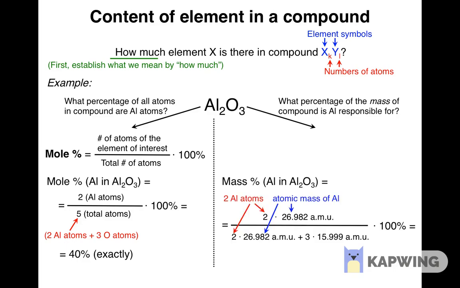The simplest unit of aluminum oxide consists of 2 aluminum atoms and 3 oxygen atoms. The total mass of this unit, in other words, the molecular mass of aluminum oxide, is the sum of the masses of the individual atoms that make it up.